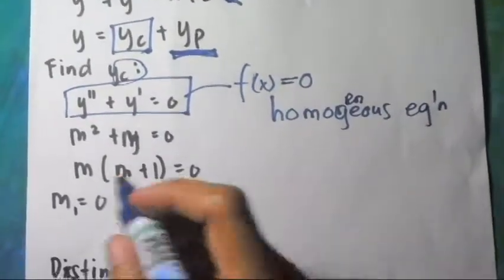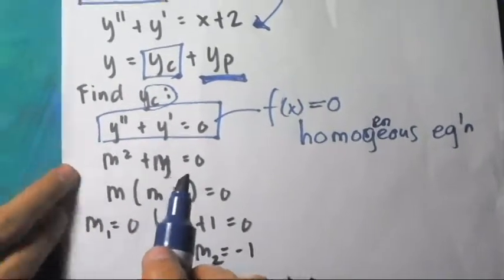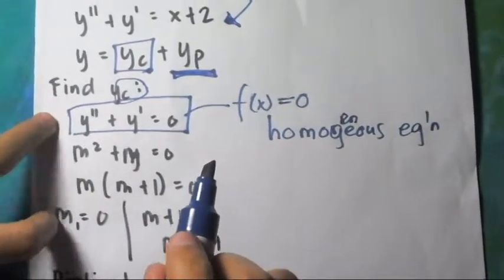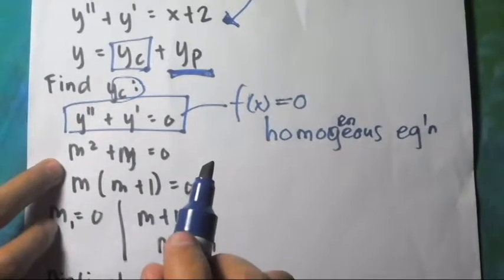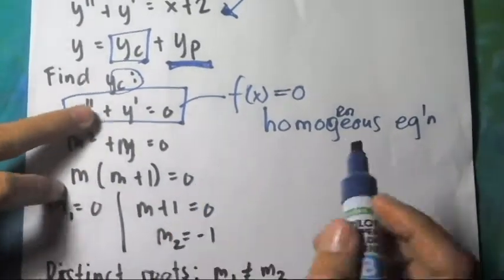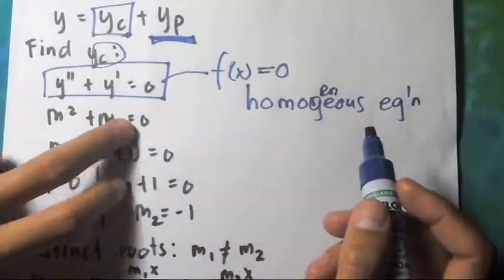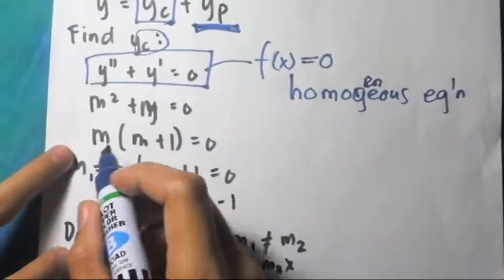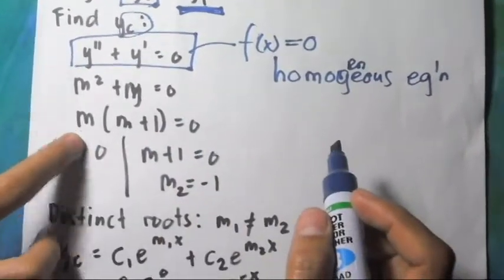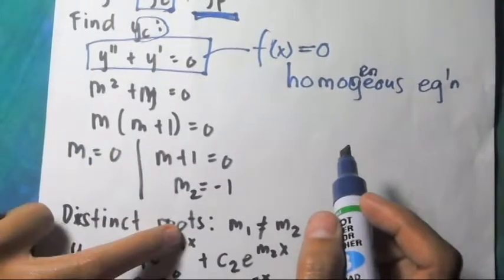After equating this into a homogeneous equation, we replace y double prime with m squared and y prime with m, equal to 0. Then, by factoring out, we get m times m plus 1.